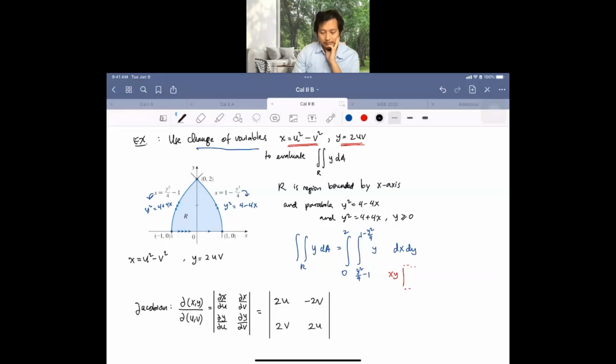Okay. And this results in 4u squared plus 4v squared. And this Jacobian should be positive, right?